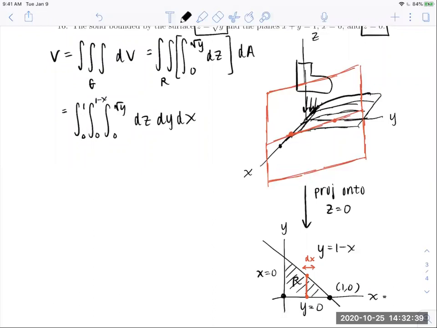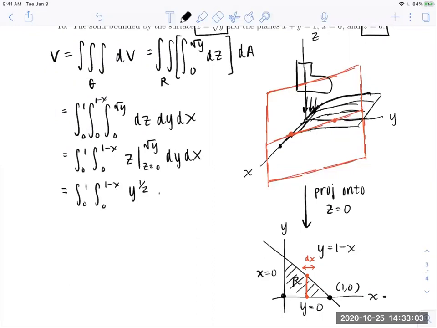Now I just need to carry out the integration. There are no z's, so when I integrate, I just pop out a z. So I have z where z is running from 0 to the square root of y, dy dx. So in other words, I'm just integrating the square root of y. I'll write that as y to the 1/2 power.